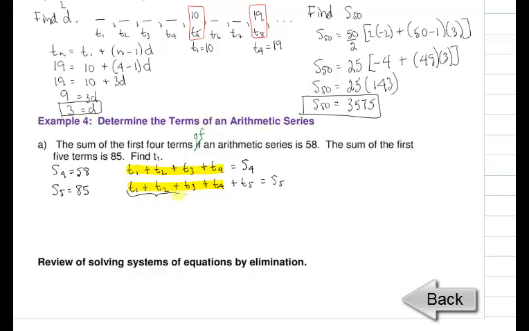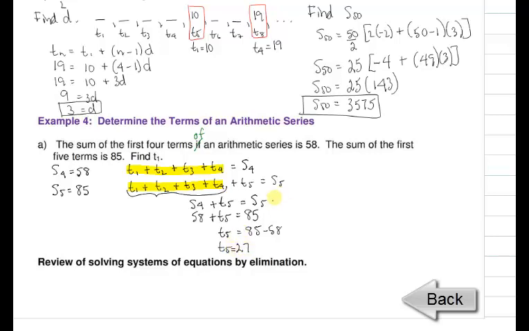So could I not take this and replace it with S4 plus T5 equals S5? Okay, and hopefully you can see now that we're able to calculate T5, because I know that S4 is 58, and I know that S5 is 85, so T5 is going to be 85 minus 58, and so I get that T5 is equal to 27.